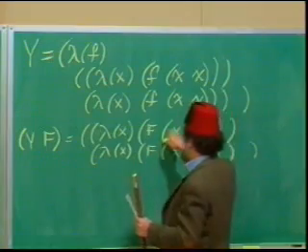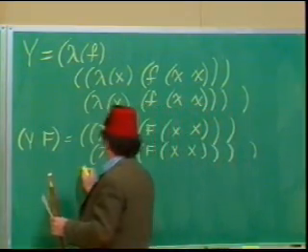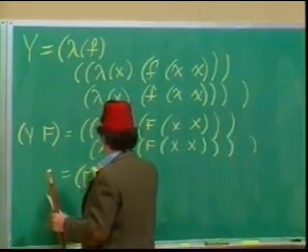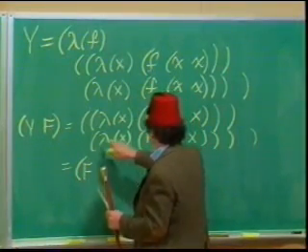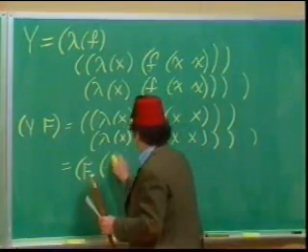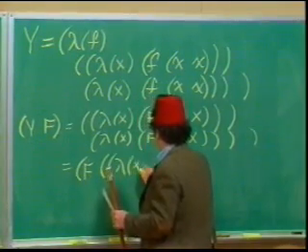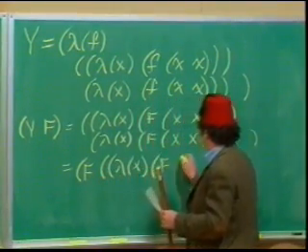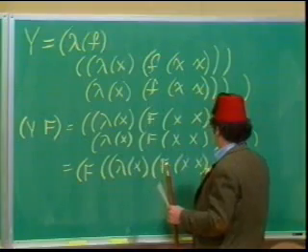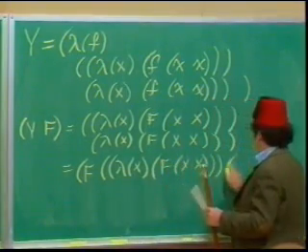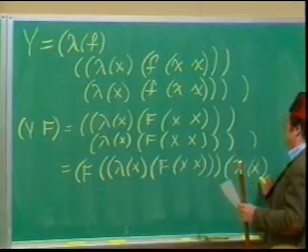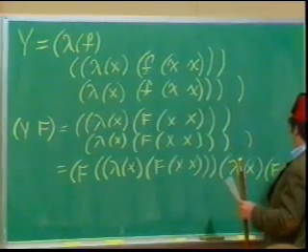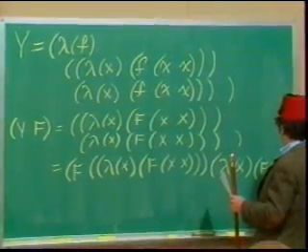Substituting this for this in here, this is f applied to, what is it? Substituting this in here, open, lambda of x, F of x, applied to lambda of x, F of x.